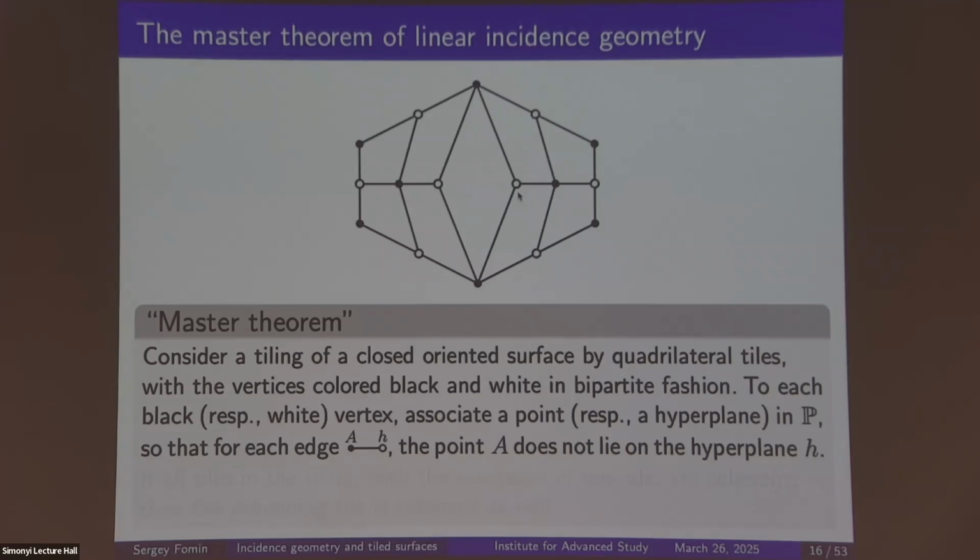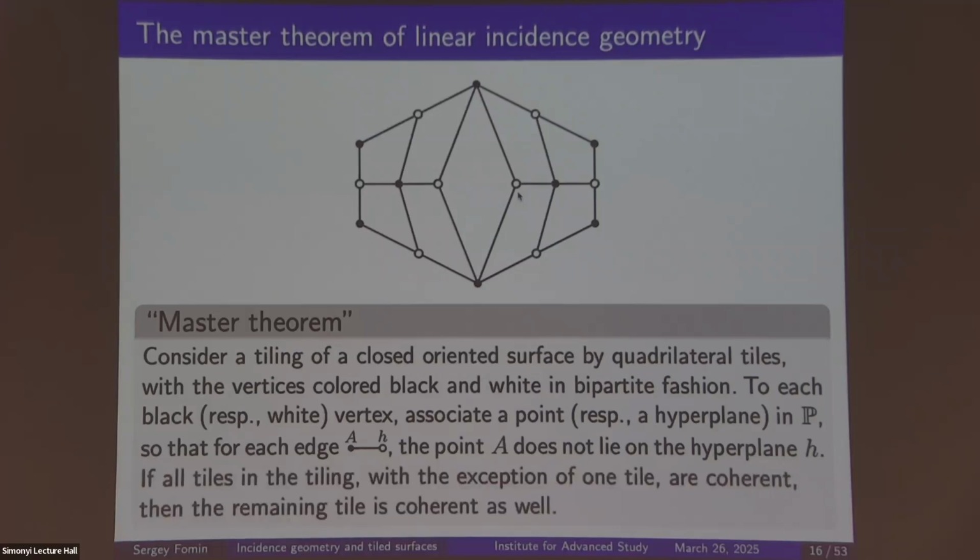So this topological surface that I tiled serves as a blueprint for describing an incidence geometry statement. Now the punchline: if all tiles in the tiling, with the exception of one tile, are coherent, then the remaining tile is also coherent. That's the theorem.